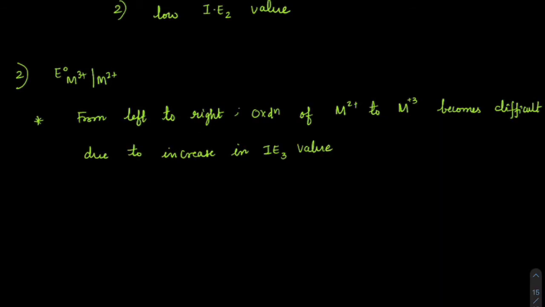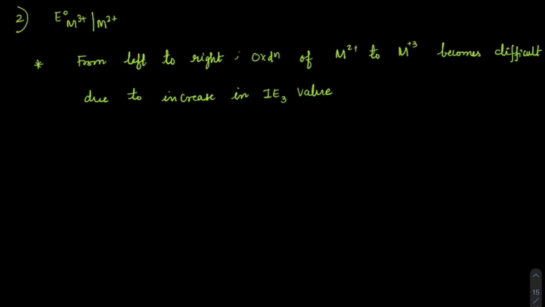Obviously, when you go for third ionization, a very high amount of energy is required. So it becomes very difficult to change from plus 2 to plus 3 oxidation state. Hence, we can say that the E naught value of oxidation decreases and E naught value of reduction increases.